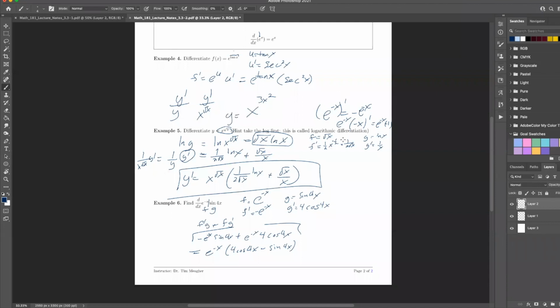And so it'd be y prime over x to the 3x squared, because it always ends up being this, equal to, and then I'd have 3x squared ln of x, because if I took the log of both sides, that's what I'd have, and then you just differentiate this mess.